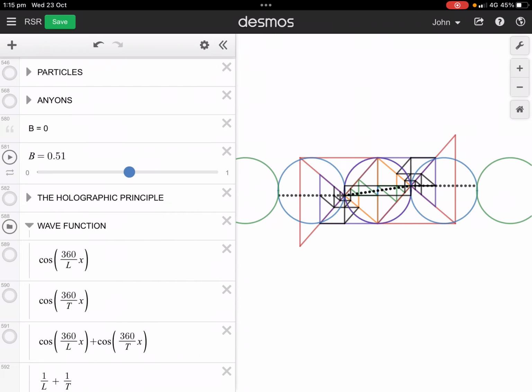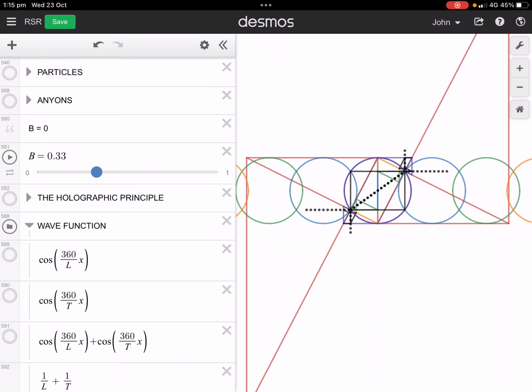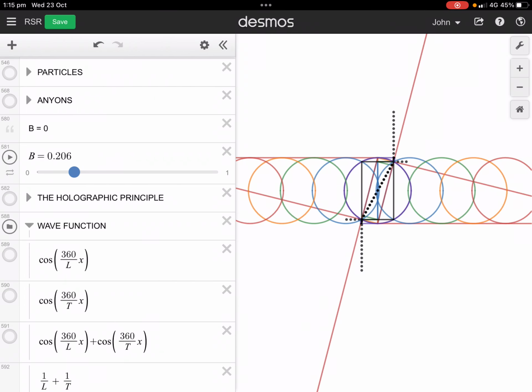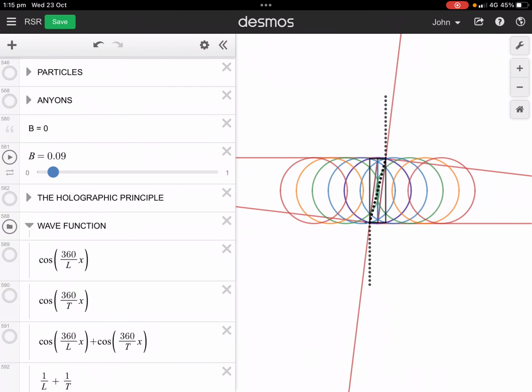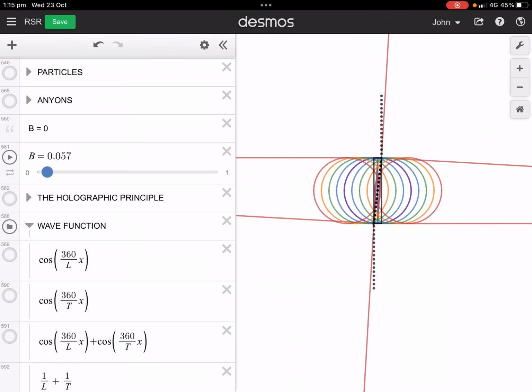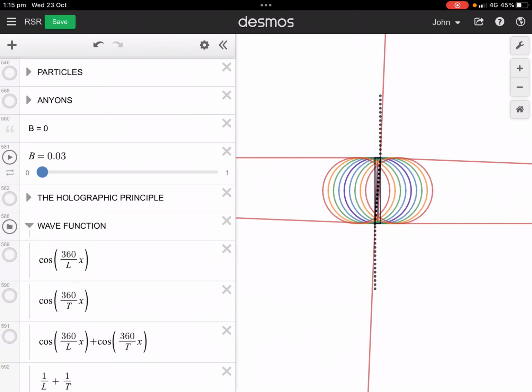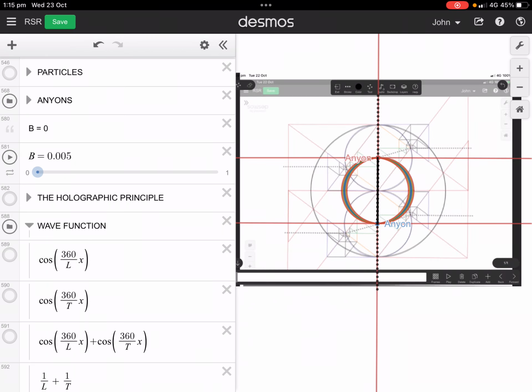And then as it collapses again, you get a fermion there, separated.